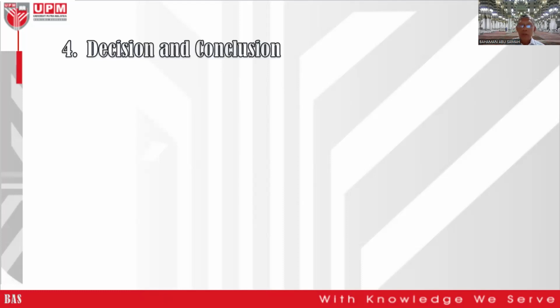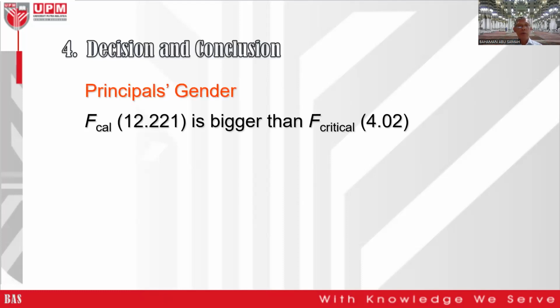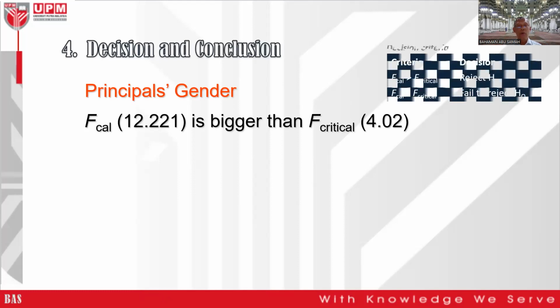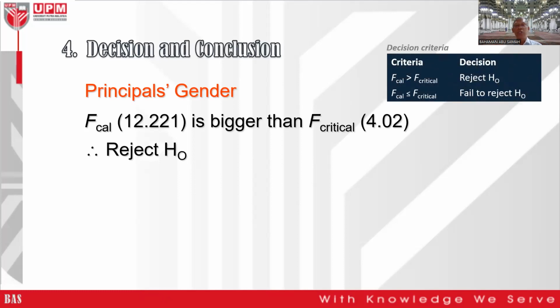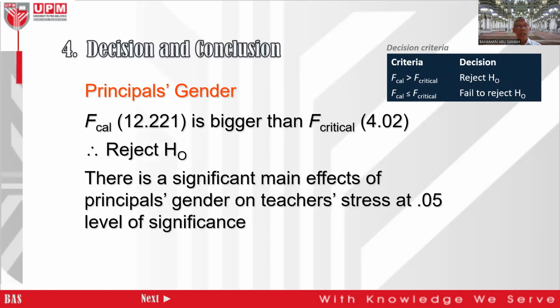Now, for gender, since F calculated 12.221 is bigger than F critical 4.03, our decision will be to reject H0. When we reject H0, what can we conclude? There is a significant main effect of principal gender on teacher stress at the 0.05 level of significance.